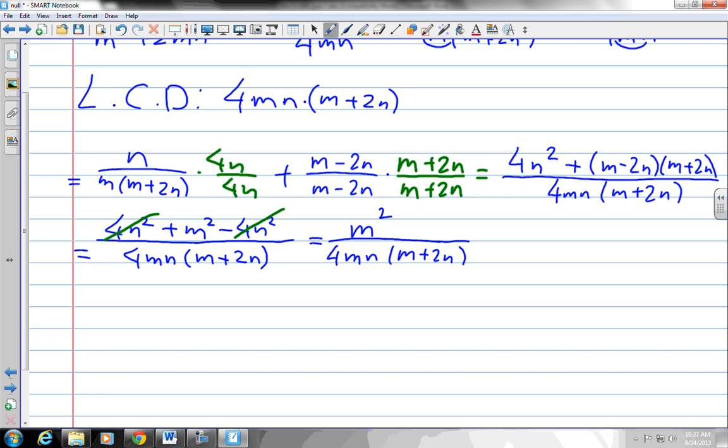Yeah. Because again, remember, this is 4 times m times n and so forth. So the denominator is a multiple of m, and the numerator is a multiple of m. So I can cancel one of the m's in the numerator with m in the denominator. The numerator had m times m, now it just has 1 m. So we're down to m over 4n times m plus 2n. And there's the final answer. Nothing else we can do.